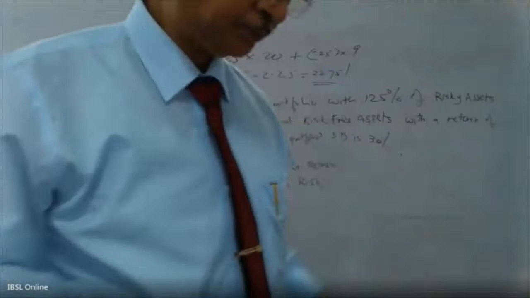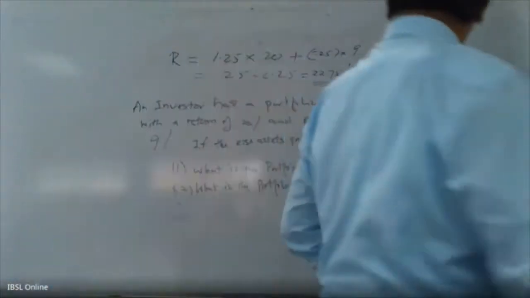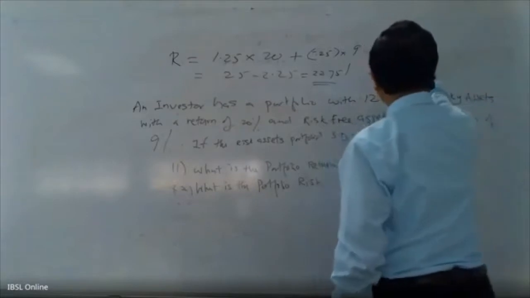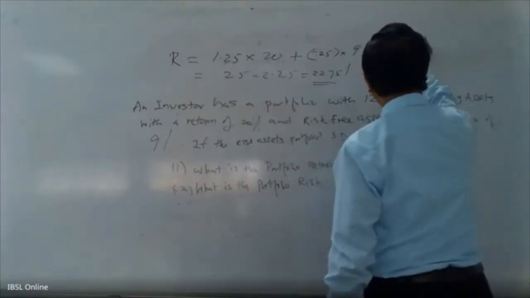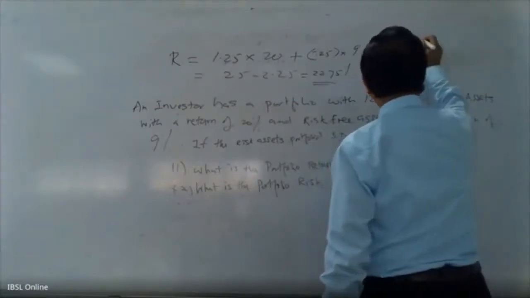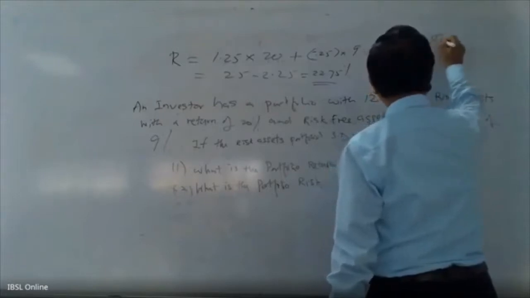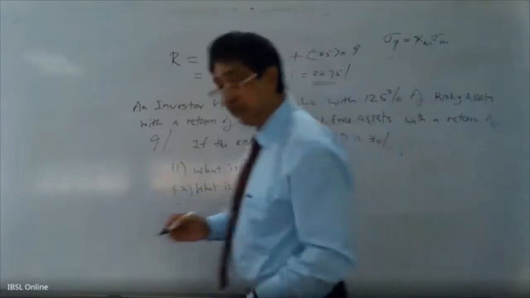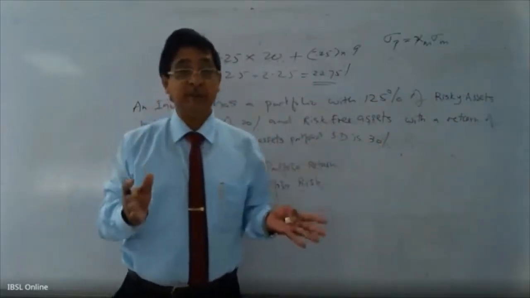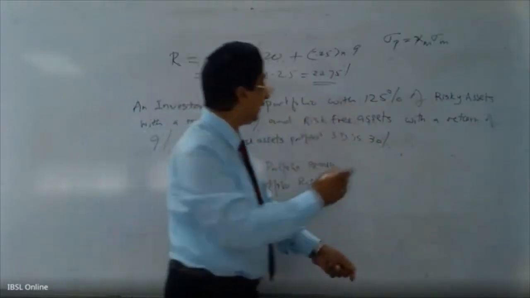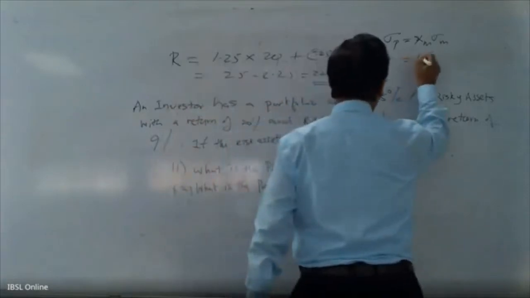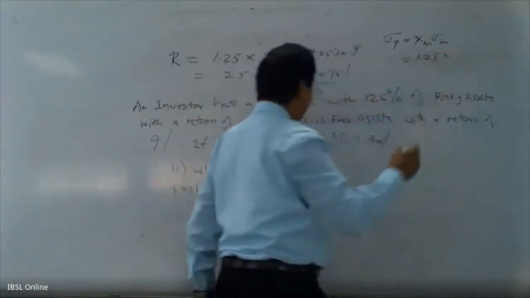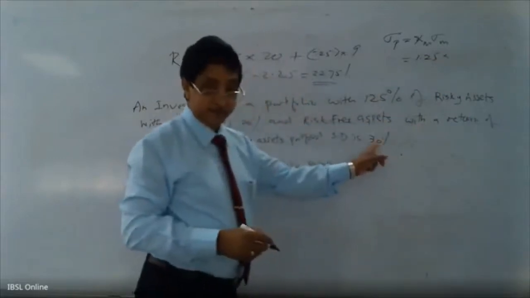Now I will do the risk part also. Sigma P is equal to XM sigma M. XM means the weight of the risky asset. The weight of the risky asset is 1.25 or 125%, into what is sigma M? Sigma M is 30%.